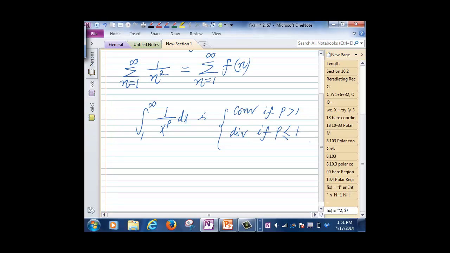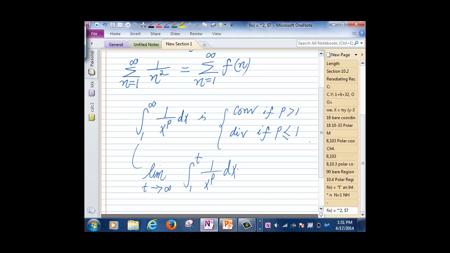You see, divergent means what? Remember, this is defined to be the limit as t goes to infinity of the integral from 1 to t of 1 over x to the p dx, right? Defined to be that. And it's divergent means that this limit is infinity, okay?